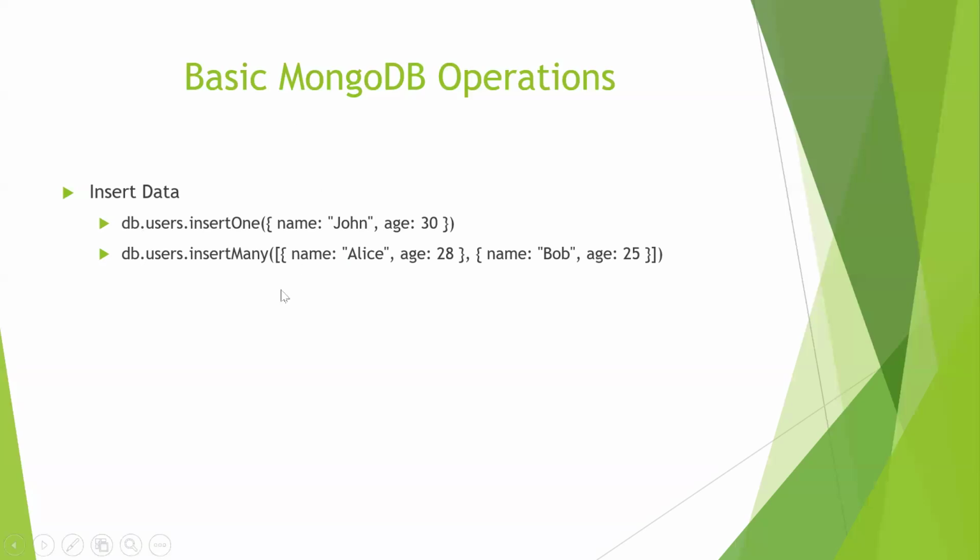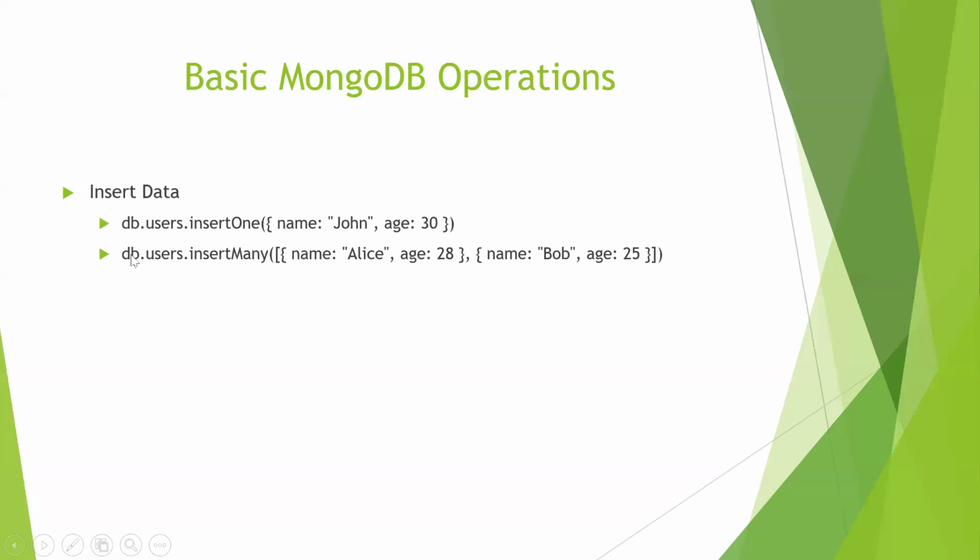Okay. Then I want to insert two different attributes, name and age. So this is a name, that is John, the name of a particular person, and the age of that person. Again, the second entry I am going to add here. If I want to add multiple entries, I will take those entries in array format, that is in square brackets. So you can insert many entries at a time.